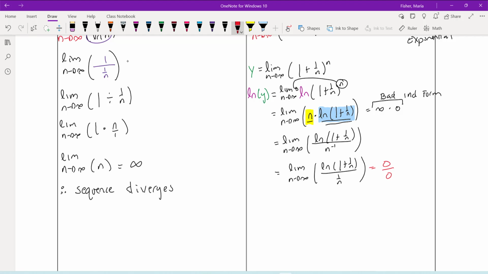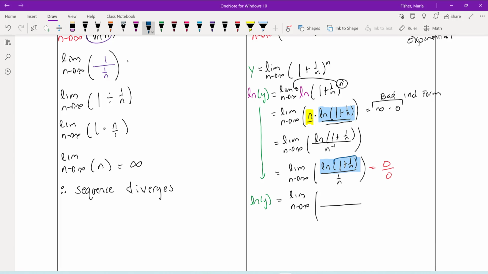Since we're 0 over 0, we can use L'Hopital's rule. Bring this down. So the natural log of y is equal to the limit as n goes to infinity, taking the derivative of the numerator. The derivative of the natural log of 1 plus 1 over n is going to be the derivative of the argument. So the derivative of 1 plus 1 over n: the derivative of 1 is 0.